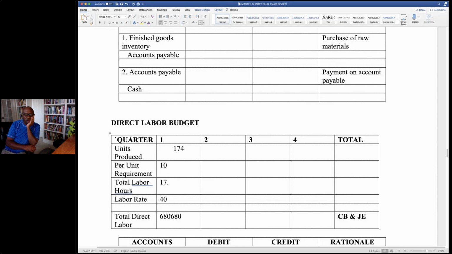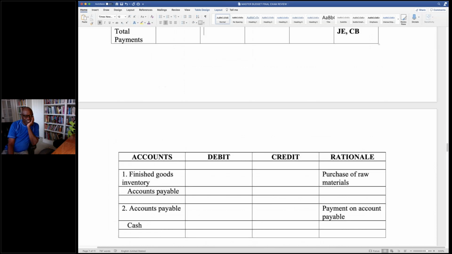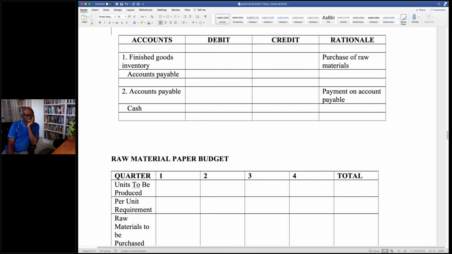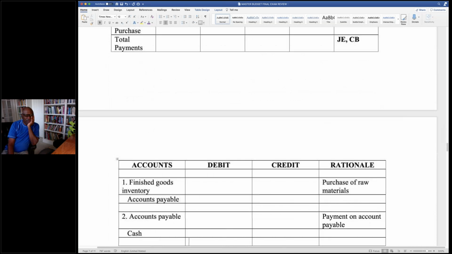All right. What's gonna go in that box? What's going in that box? This one? Yeah. It's from the above units produced. Because you just calculate from the raw materials budget. You talking about the 4,000 something?